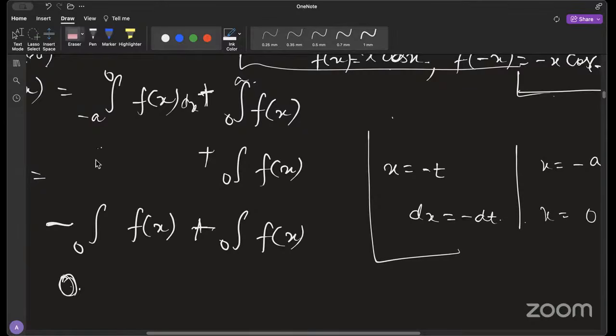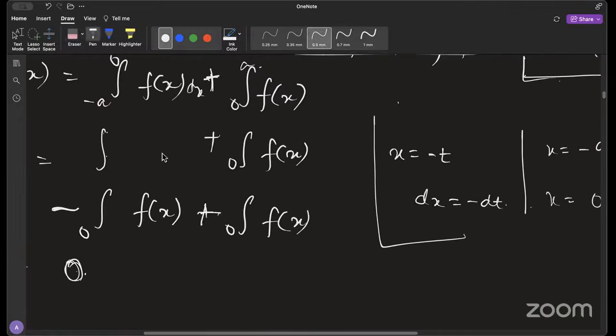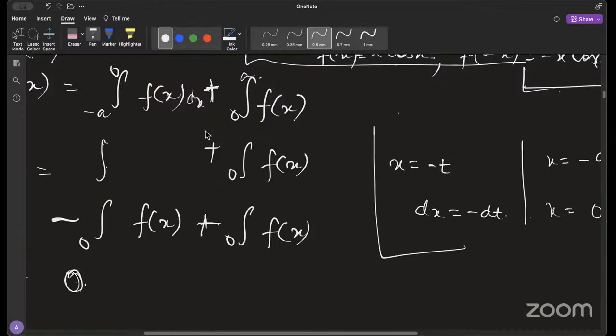Using the substitution method here, instead of x, we have substituted -t. So we'll have f of -t here. Then instead of dx, we'll have -dt. That will give me a minus here and a dt here.